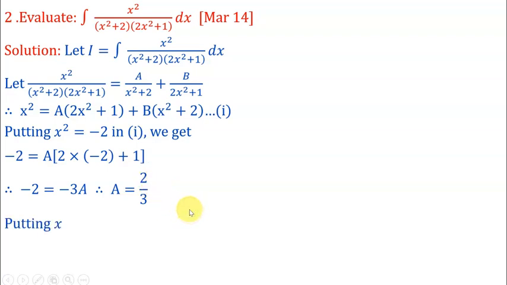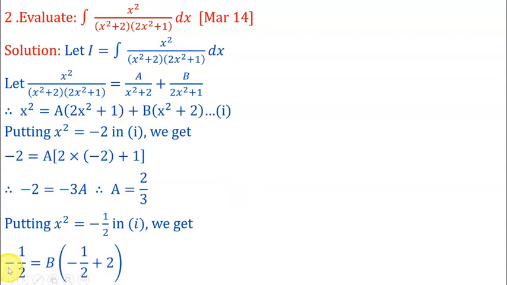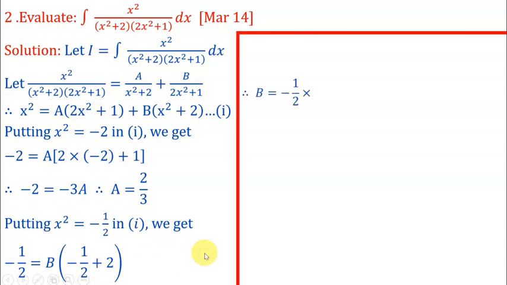Next put x square equal to minus 1 upon 2, then you will get the value of B. That is, minus 1 upon 2 is equal to B into (minus 1 upon 2 plus 2). Therefore, the value of B is minus 1 upon 2 into 2 by 3, which is equal to minus 1 by 3. These are the values of A and B.